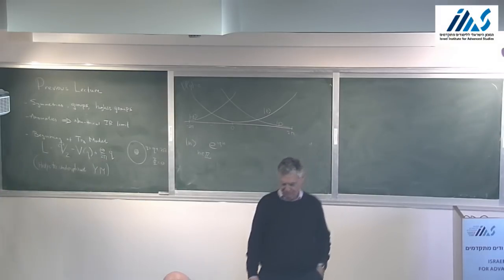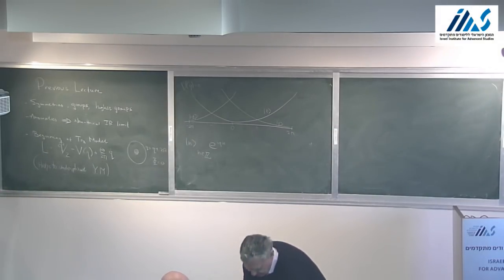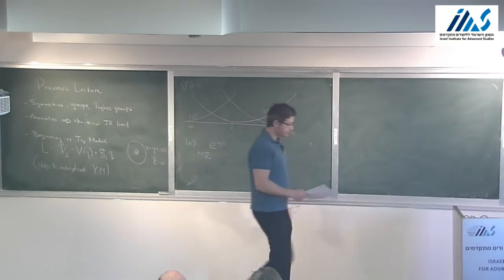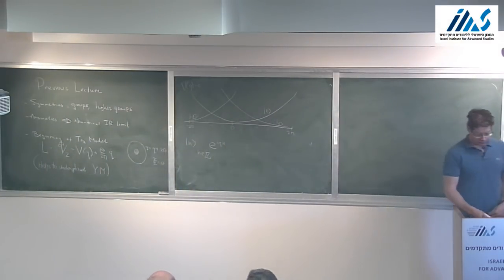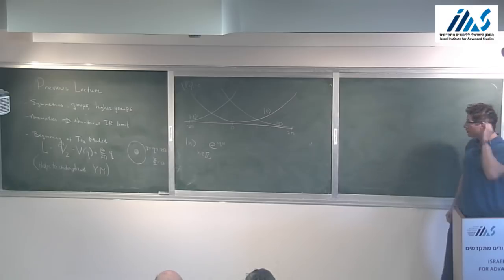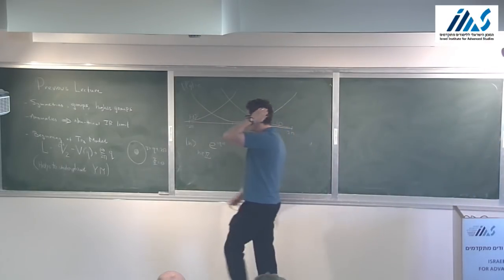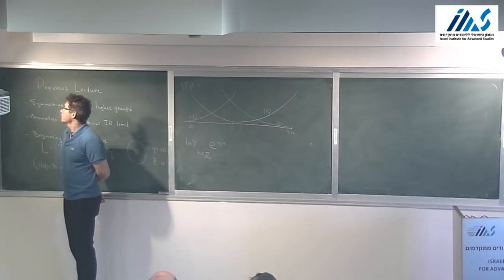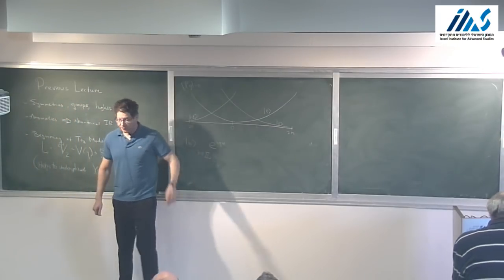Zohar. Okay, thanks. I'll just quickly first review the previous lecture, and then we'll proceed. So I'll just remind you quickly what we've done in the previous lecture, since it was already 2 days ago.